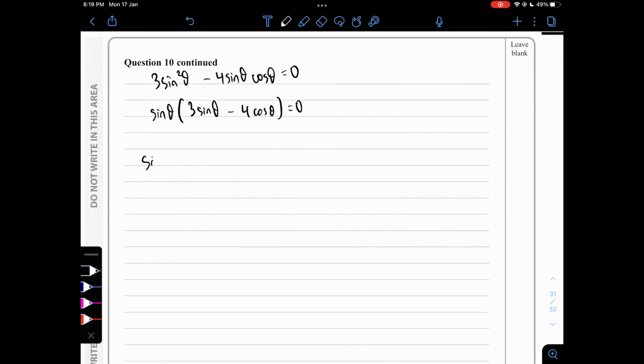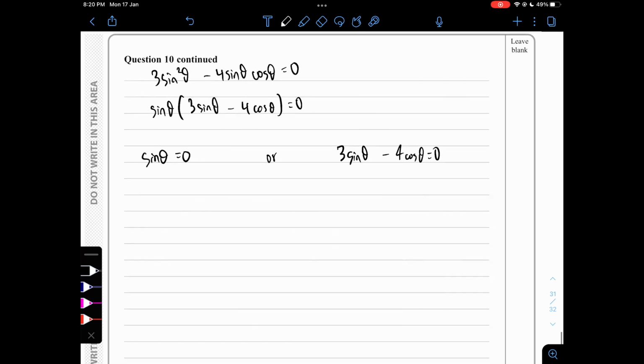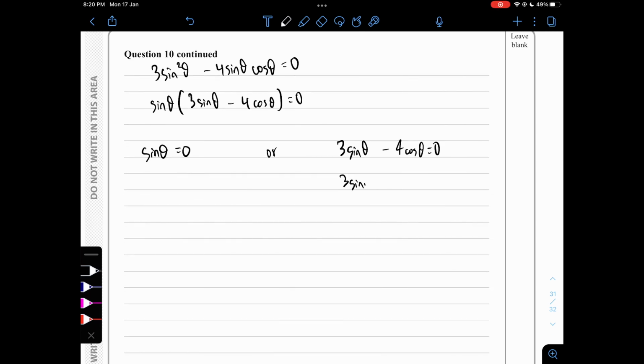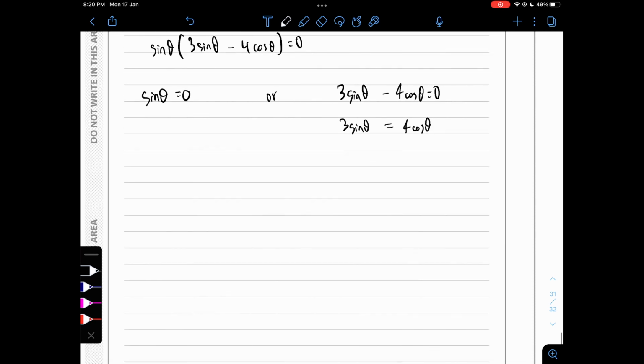So we know either sine theta equals 0, or we have 3 sine theta minus 4 cos theta equals 0. So we have 3 sine theta equals 4 cos theta. Now we can move the cos to the other side, and this becomes a tan. So move the 3 on the other side, this becomes sine theta over cos theta equals 4 over 3. So this becomes tan theta equals 4 over 3.